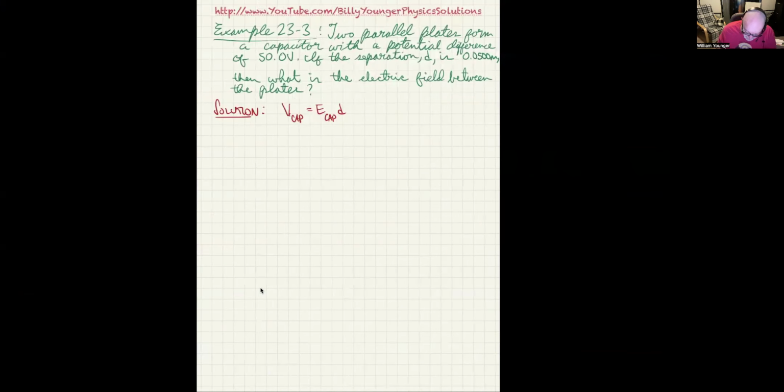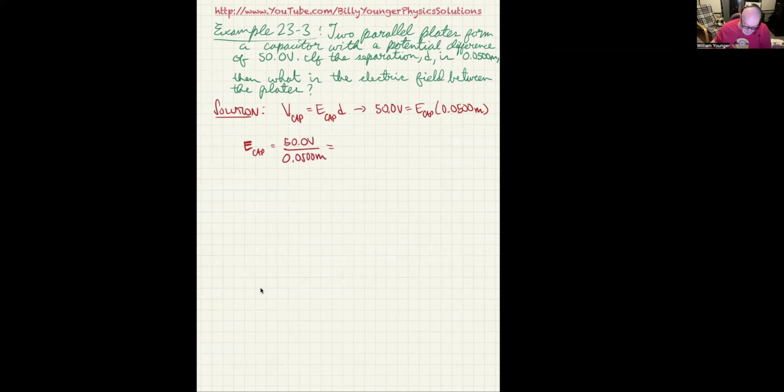Because of that, we can just set all of this equal to, I'm going to say 50.0 volts is equal to E cap times 0.0500 meters, and that gives me that the electric field between the plates of the capacitor is equal to 50.0 volts divided by 0.0500 meters.